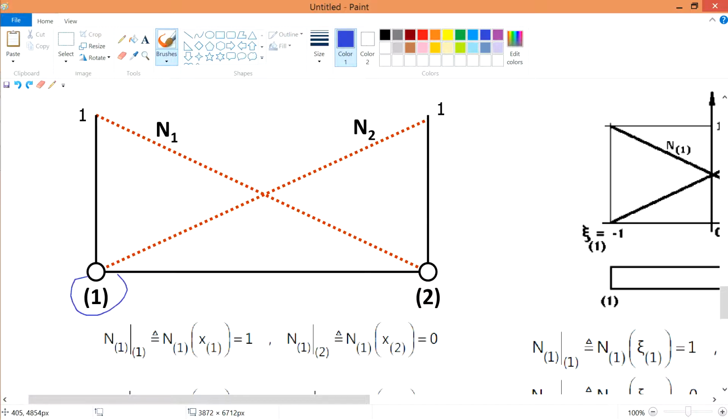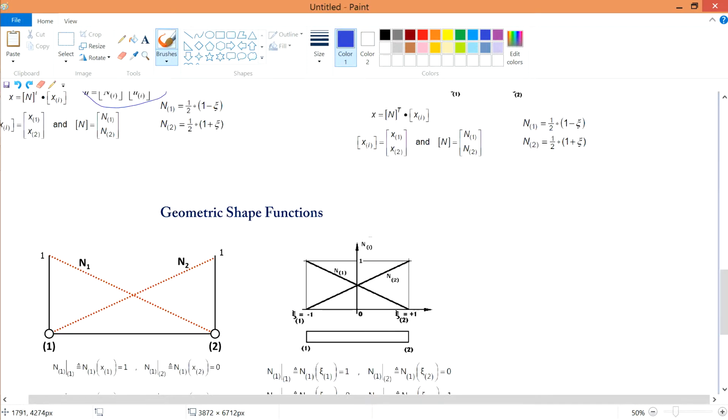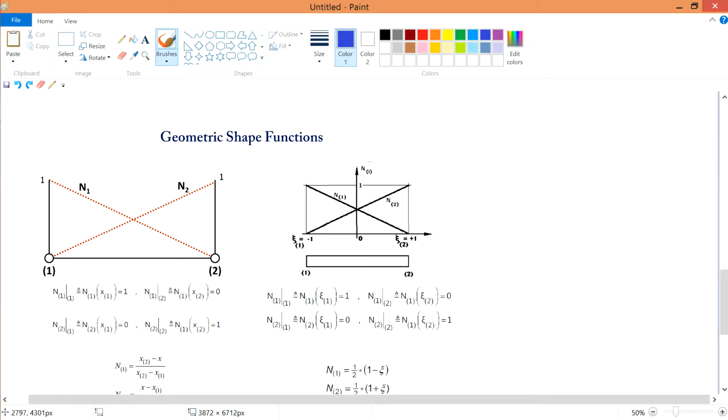this is node 1, this is N1. If you still remember back in the old videos, if you never, then it's okay. This is the N1, this is the shape function. So this tells you the shape of the function itself, somewhat triangular. And node 2 and node 1. So at node 1, the shape function N1 is 1, somewhat the unit vector, you would say.